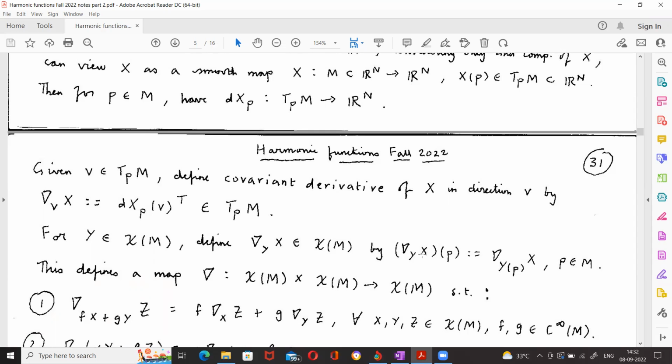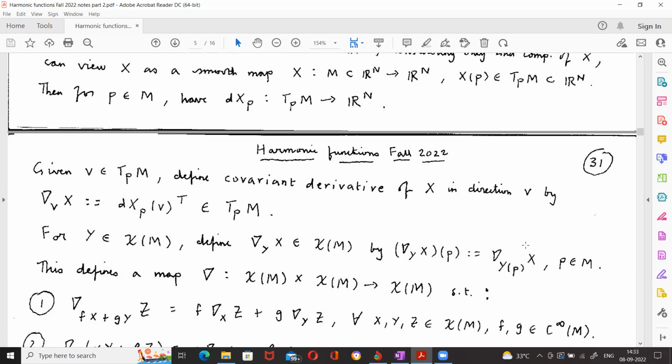Nabla sub Y of X at P is simply nabla sub Y(P) applied to X. That means at the point P, you take the vector Y(P) and take the covariant derivative of X in the direction of the vector Y_p. Is this clear? Yes, sir. Okay, so this will give you a vector field on M.